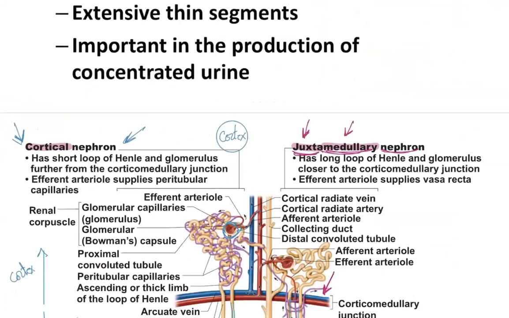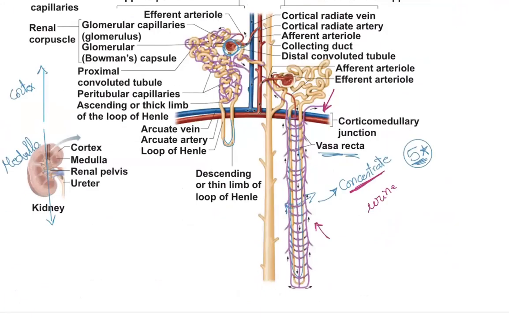So the descending limb means I am connected to the proximal convoluted tubules. So this tells me that this tube on here is going to be the proximal convoluted tubule. And this one on here, that is a continuation of the thick segment of the loop of Henle, is going to be my distal convoluted tubule.